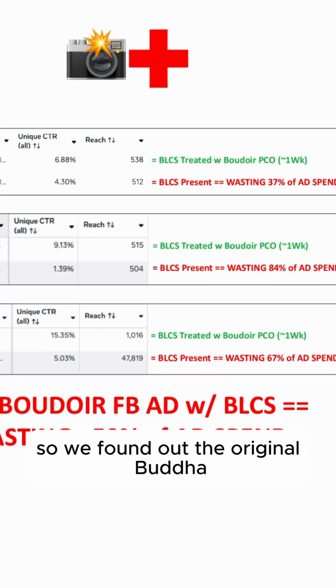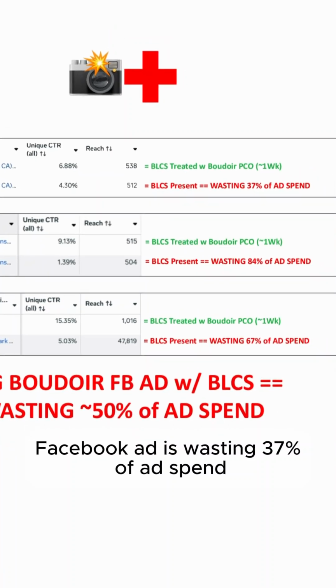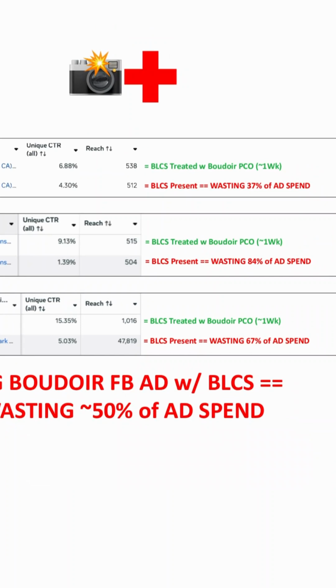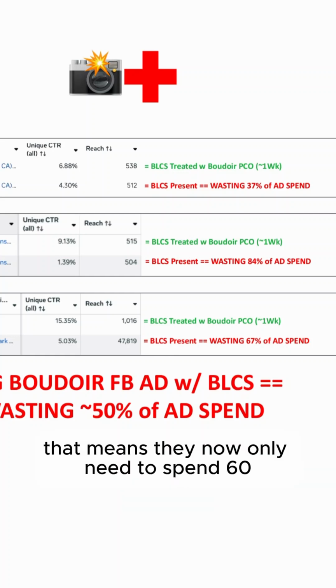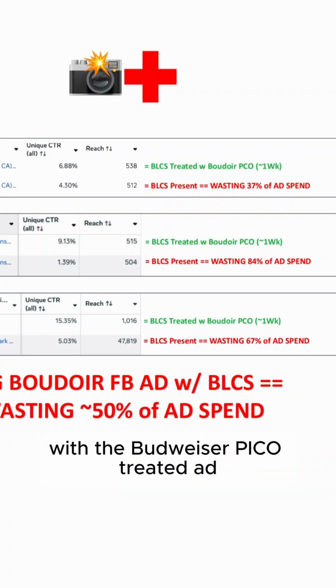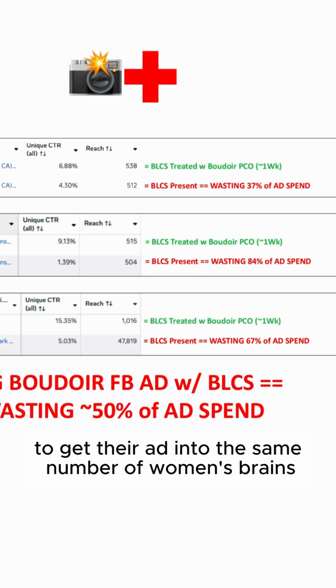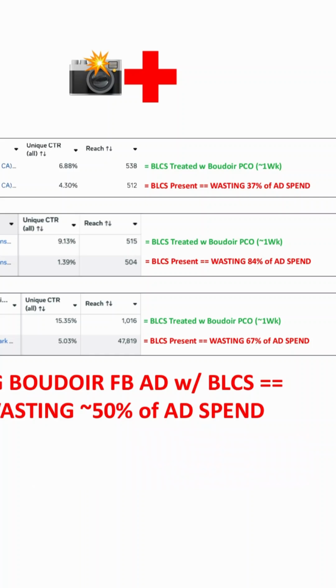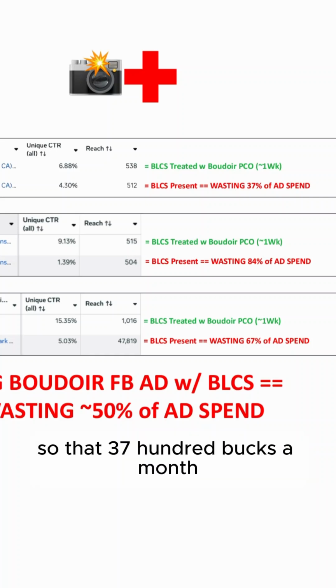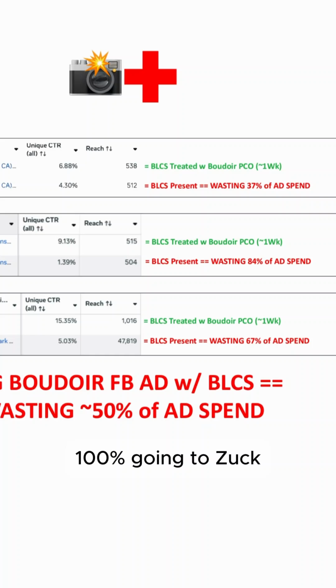So we found out the original Boudoir Facebook ad is wasting 37% of ad spend. That means if they're spending 10 grand a month on the original Boudoir Facebook ad, they now only need to spend $6,300 a month with the Boudoir Pico treated ad to get their ad into the same number of women's brains. So that $3,700 a month is literally doing zero for them. 100% going to Zuck.